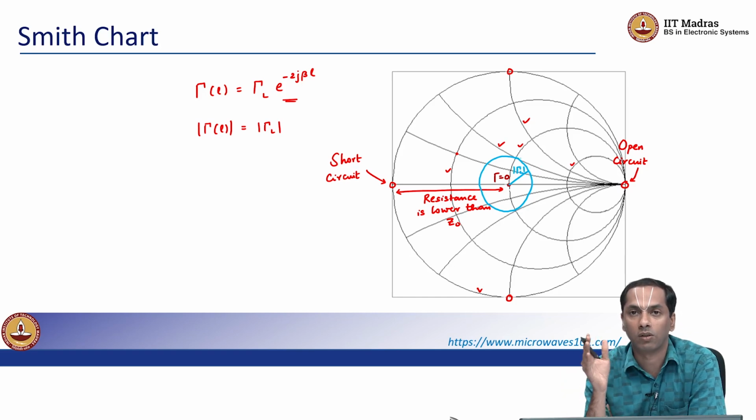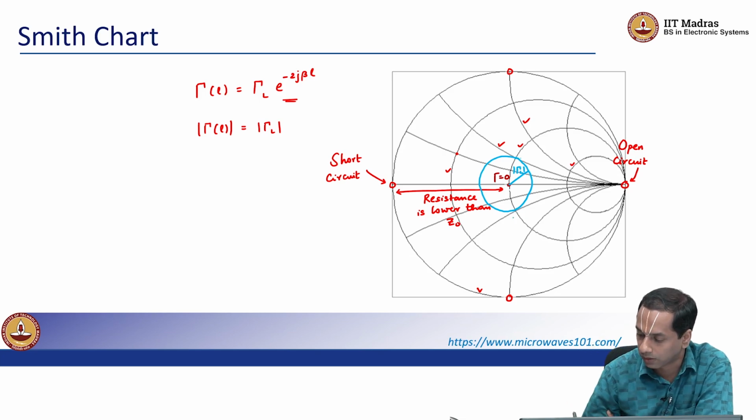So as I go along the lossless transmission line, I'll essentially go along this circle, right, because the modulus of the reflection coefficient is the same. I'm just adding some phase to it, right.